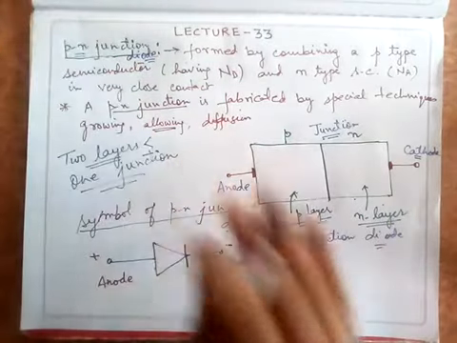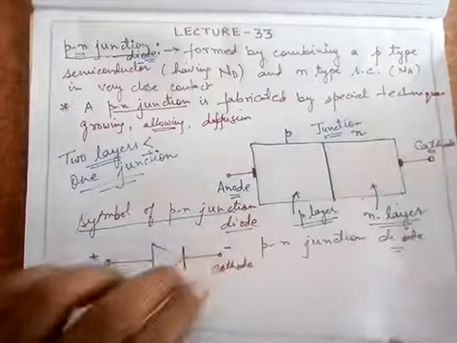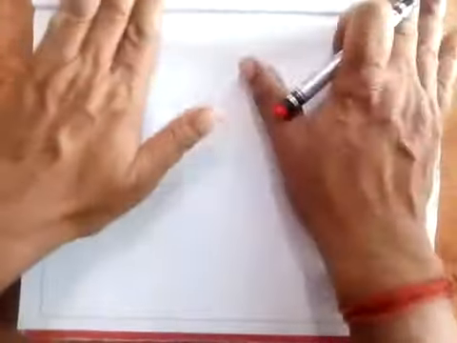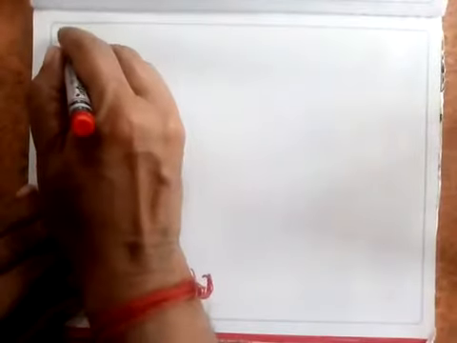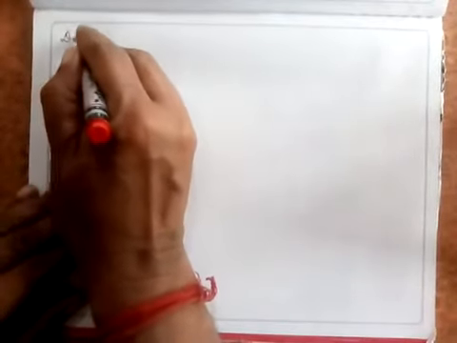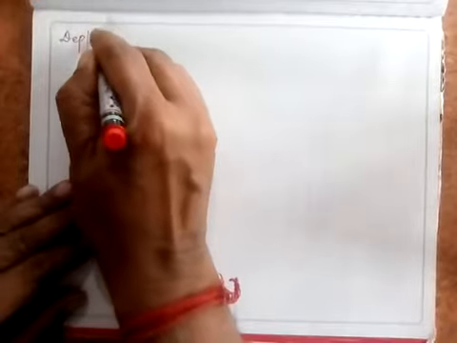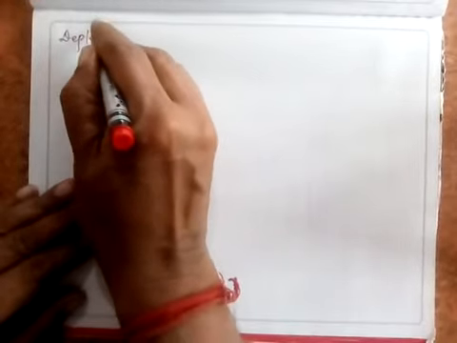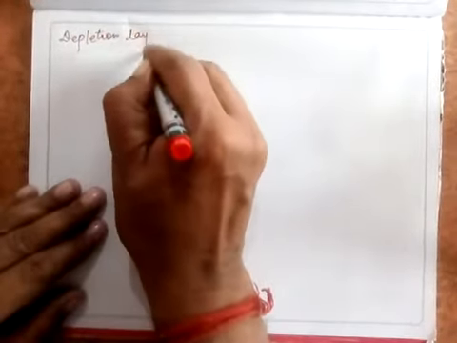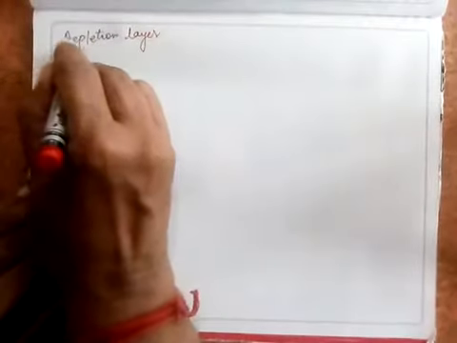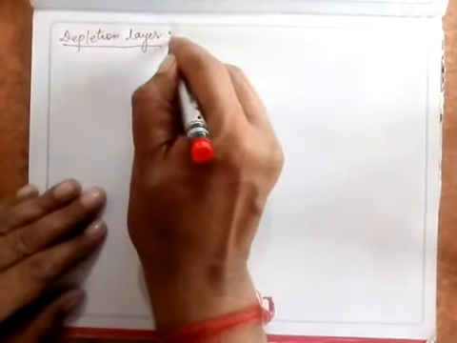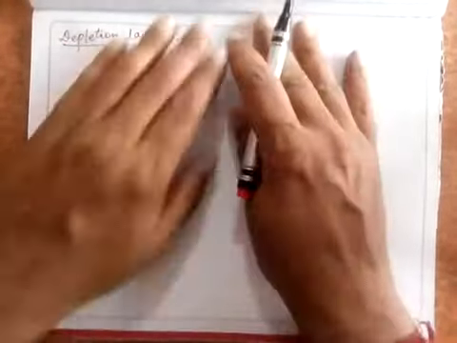Now let's talk about the formation of the depletion layer. Next I'll discuss what you mean by depletion layer in a PN junction diode, how the depletion layer is formed. Or I'll talk about the same thing, the open circuited PN junction diode.